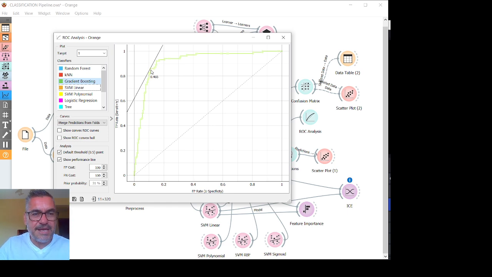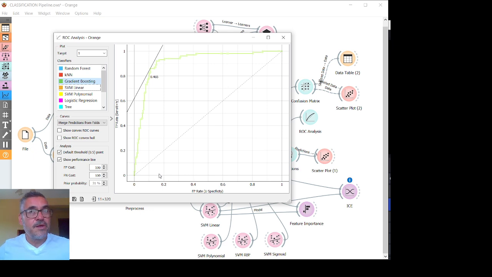So in this case, this model identifies 85% of all customers that are not going to pay, but also it produces, you see it's close to this line here, 10% of false alarms.